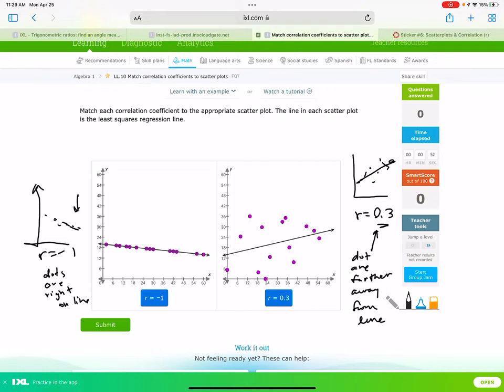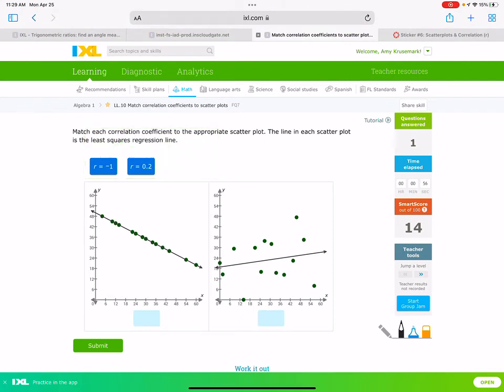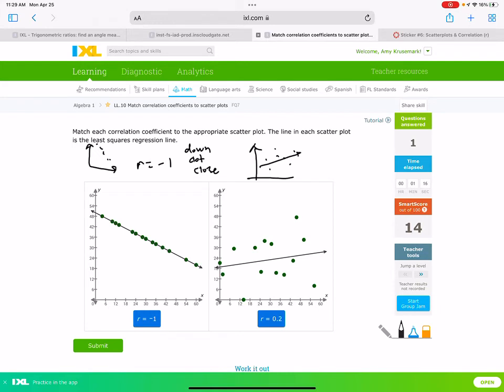All right, submit. Next one. It looks like this one's going down and this one's going up. So I don't really have to know what r is, but again, when r is -1, it's going down and the dots are close. Right, so I'll just make a quick sketch. Those are my dots. My dots are a little bit more spread out.